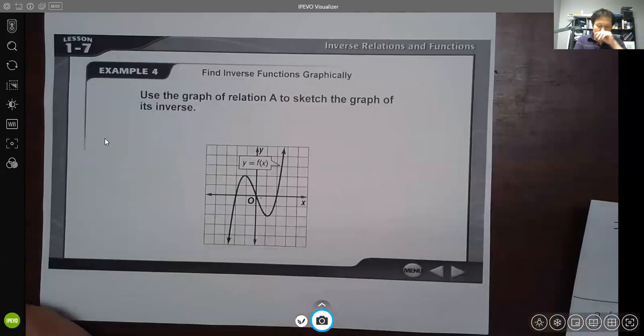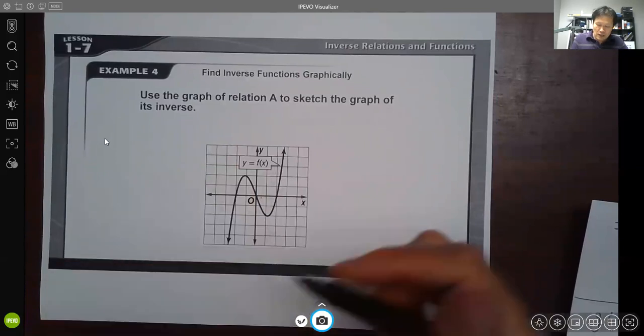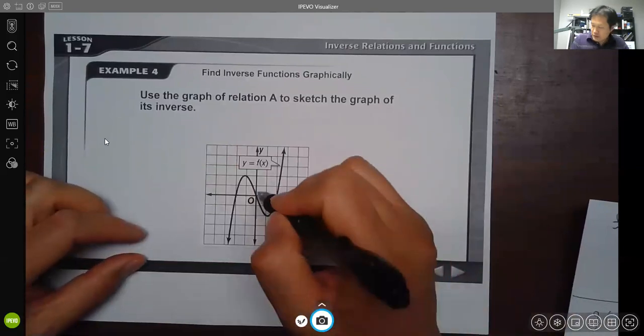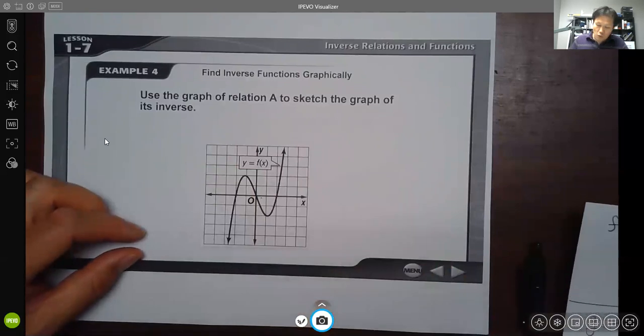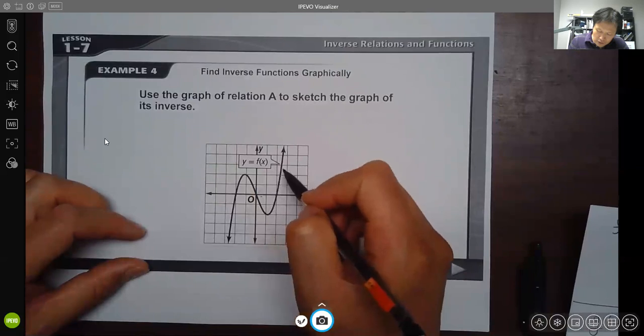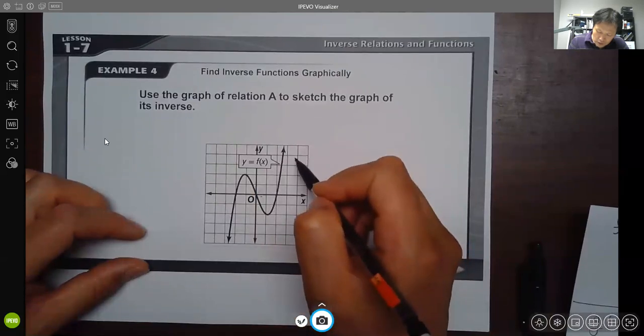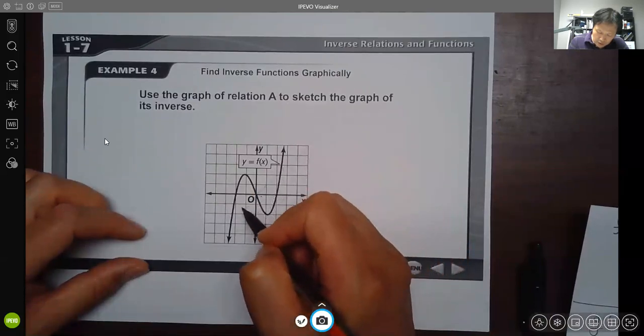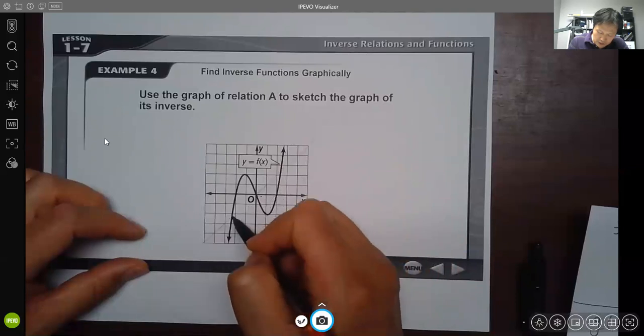Use the graph of relation A to sketch the graph of its inverse. What did I say? Graphically, the inverse function is symmetric over y equal to x. Y equal to x is like here. That's the straight line, like the diagonal right here. That's y equal to x.